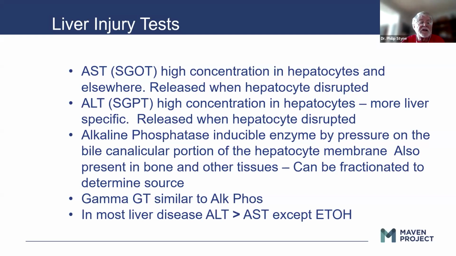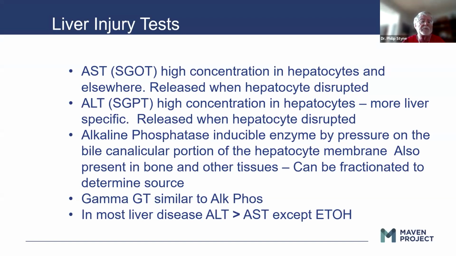The things that increase alkaline phosphatase are pressure. That pressure could be local, such as a tumor pushing on that portion of the liver of the hepatocyte, or it could be on the bile duct, either in the liver or outside the liver, putting pressure again on that section of the hepatocyte membrane and inducing elevation of alkaline phosphatase.